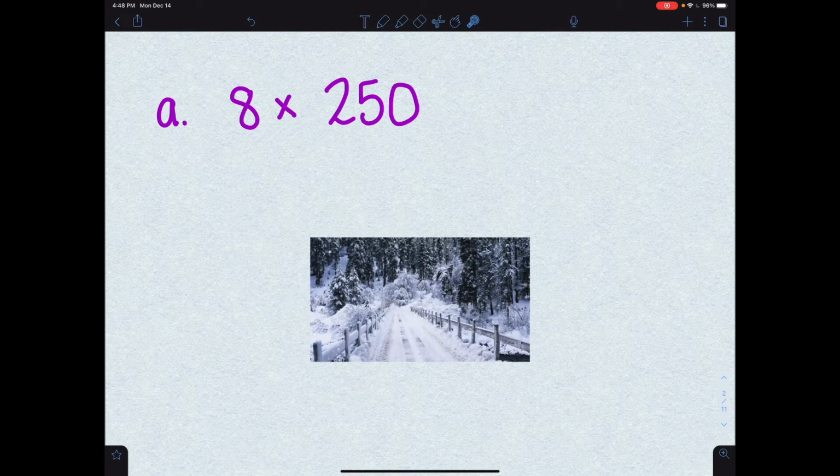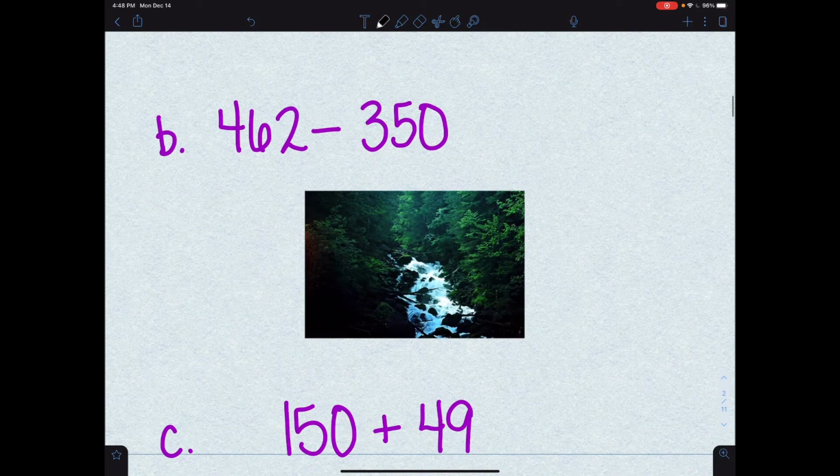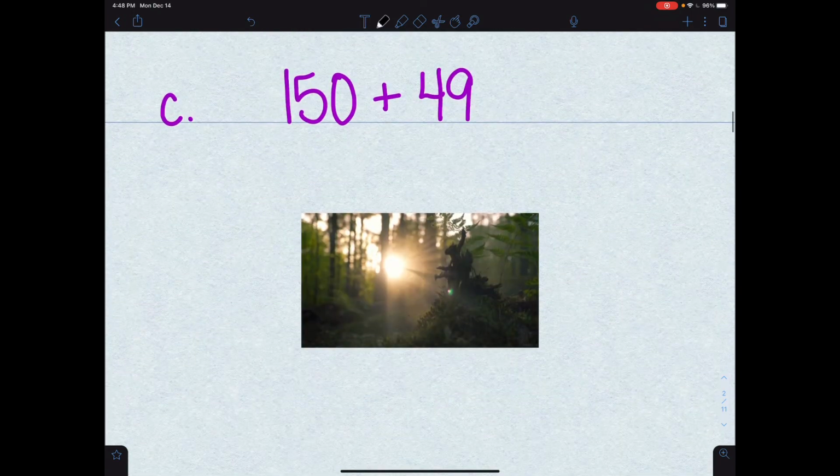Okay, let's jump into the rest of mental math. The first one, A, is 8 times 250. Write your answer. It's a little tricky. I gave you some beautiful nature pictures to look at while you do this. B is going to be 462 minus 350. C is going to be 150 plus 49.